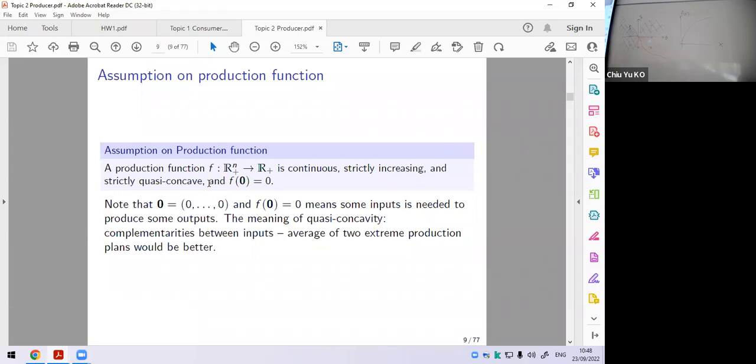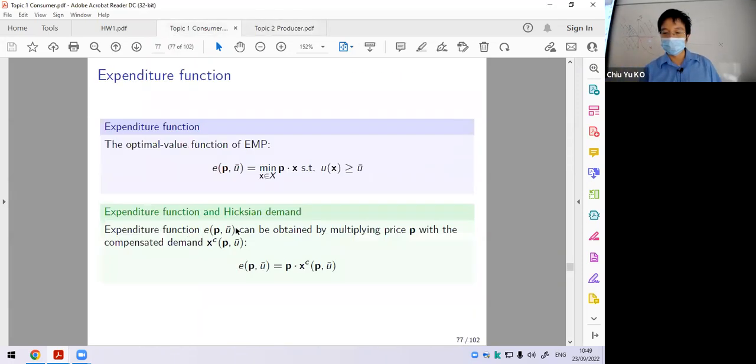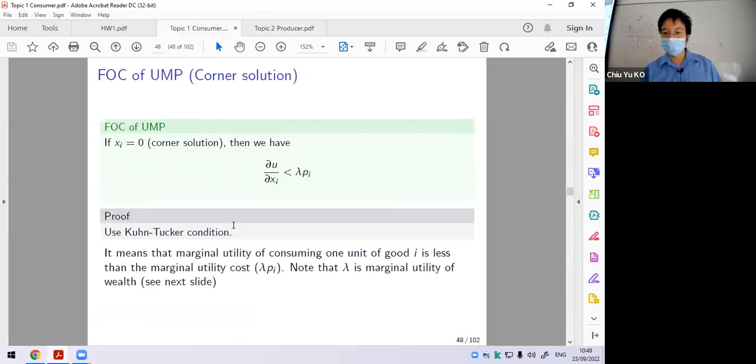It's not entirely clear why this is better, but it simply means there is some complementarity in the inputs. Really, quasi-concave is the same as what we learned in consumer theory, the same thing. It just goes back to here.